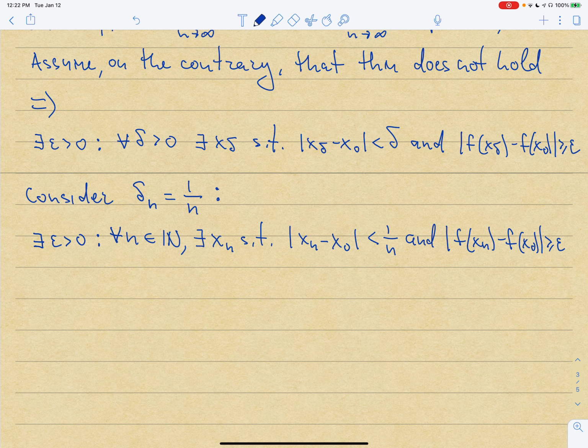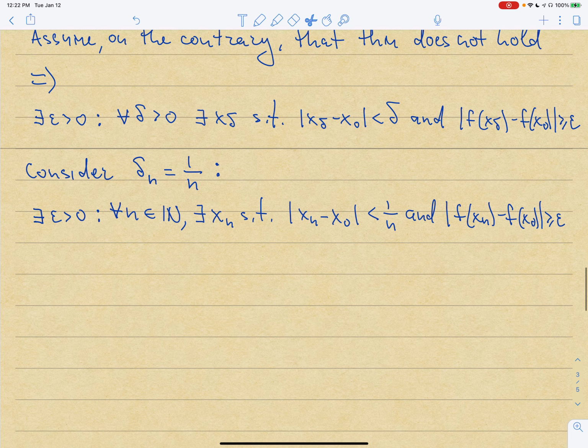For any n in capital N, so for any delta n equal to 1 over n, there exists x delta, which I can relabel as xn, such that if the difference between that xn and x0 is less than delta n, which I chose to be 1 over n, the same conclusion as before holds. All right, so we have this.